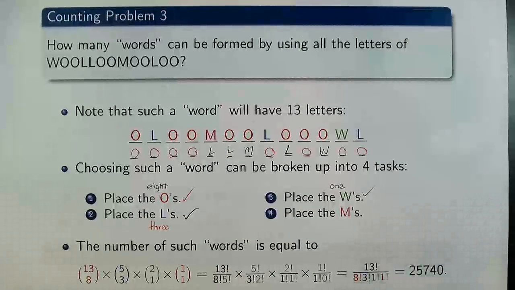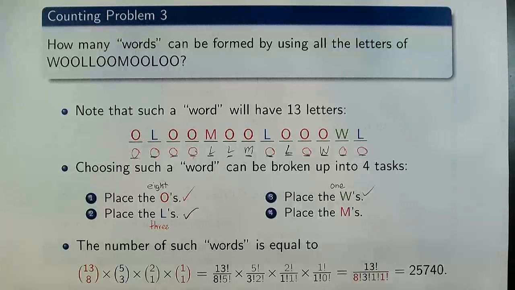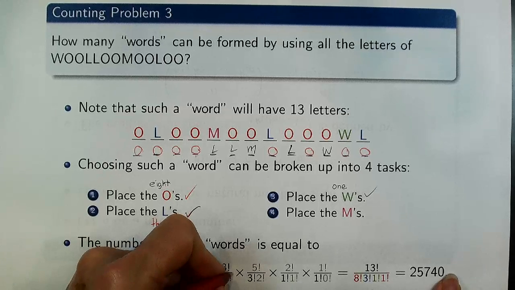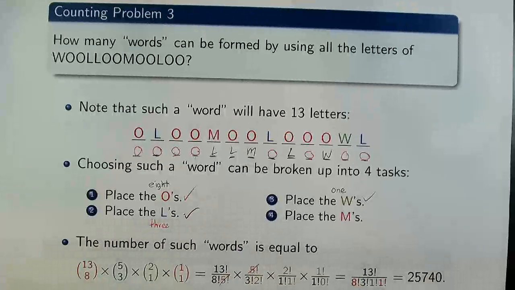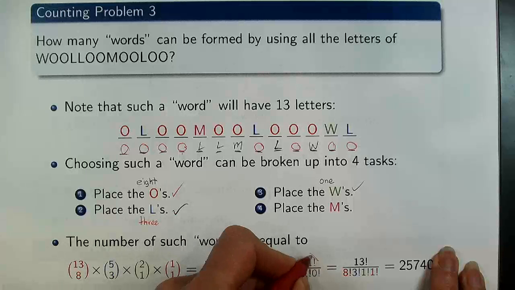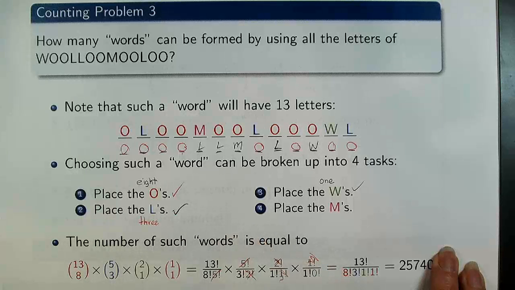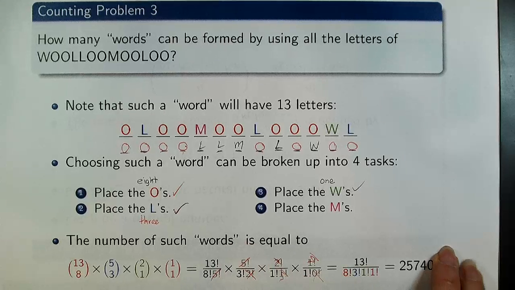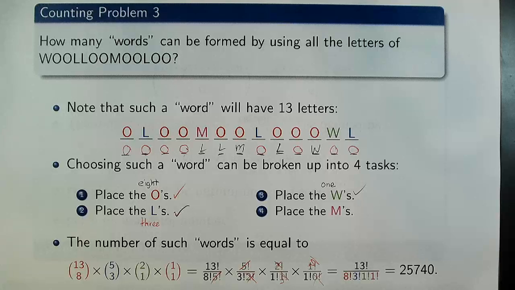So we can do this quite easily, can't we, using what we know? Yes. And the answer is 13 choose 8, 5 choose 3, 2 choose 1, 1 choose 1, multiplied all together. And if we write this out, notice that it works out quite nicely. That 5 factorial cancels with that. That 2 factorial cancels there. And that 1 factorial cancels there. And just to continue this pattern, I'm going to get rid of that 0 factorial, because 0 factorial is 1 anyway, so it doesn't make a difference.